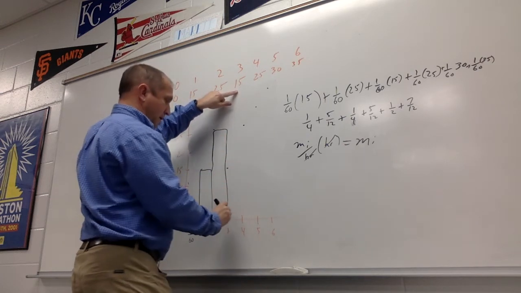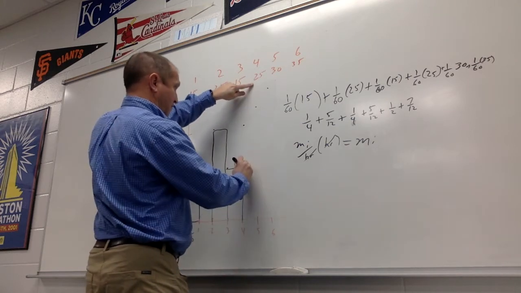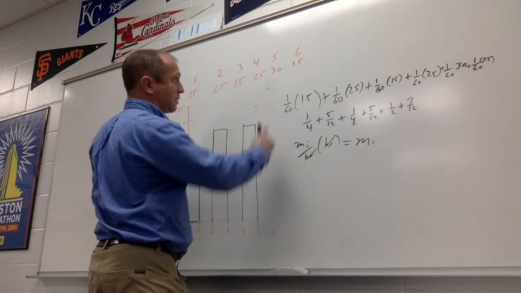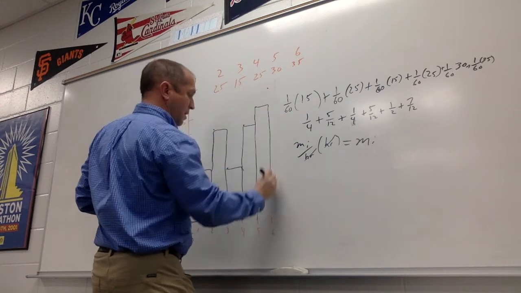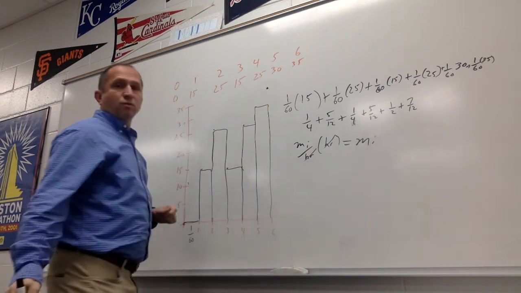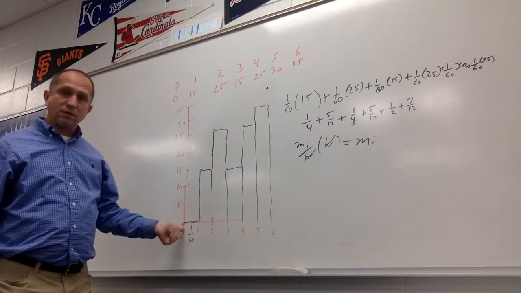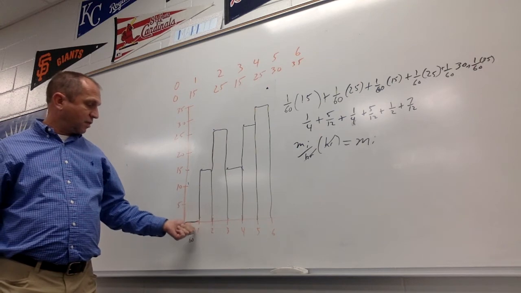Then I'll use my height of 15. Then I'll use my height of 25. And finally, in my last one, instead of using the height of 35, I use the height of 30. So I never use this point up here in this one, whereas in the first one, with the right-hand values, I never used the 0 here. So this simply would be 1/60th of 0.